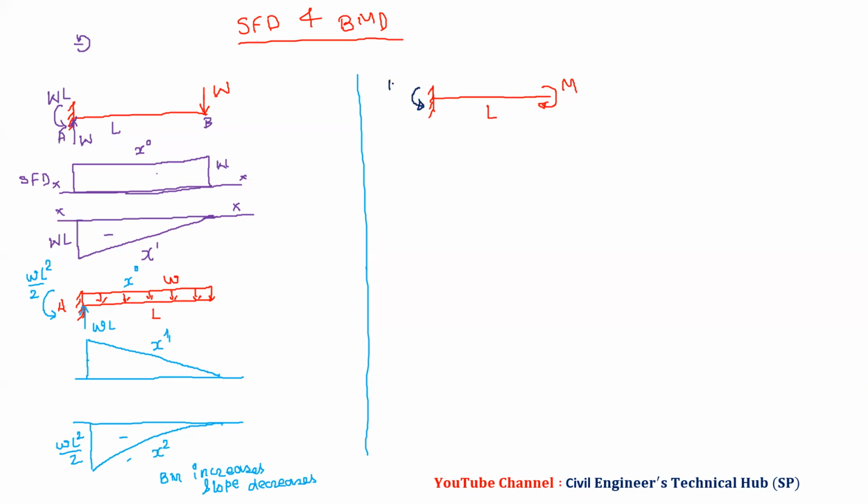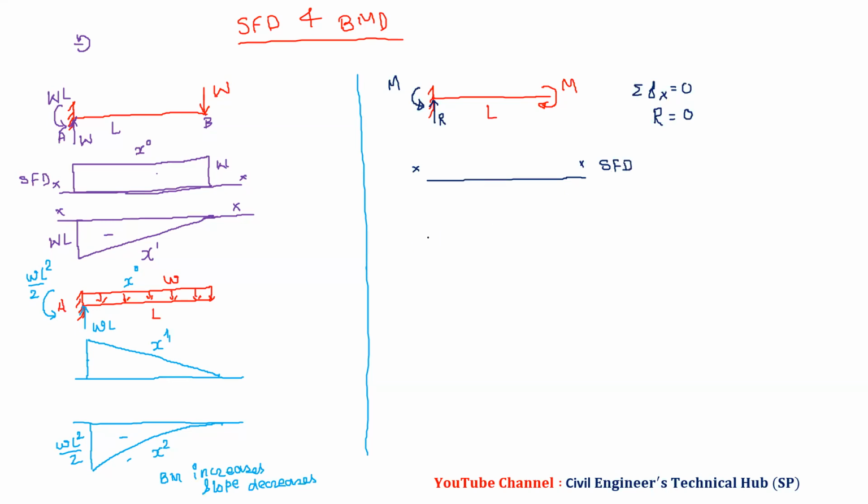This will be M. Now we have reaction over here, R. So simply apply summation Fx equal to 0, and then you will get the value of R equal to 0. And therefore, no reaction will be developed. And this will be my SFD for the couple.